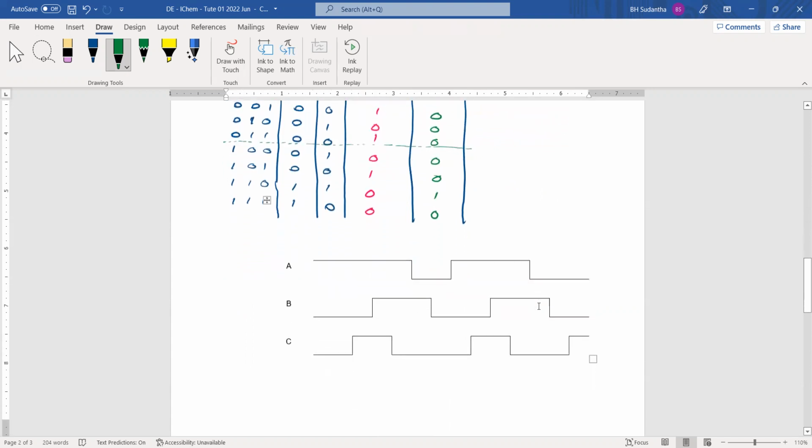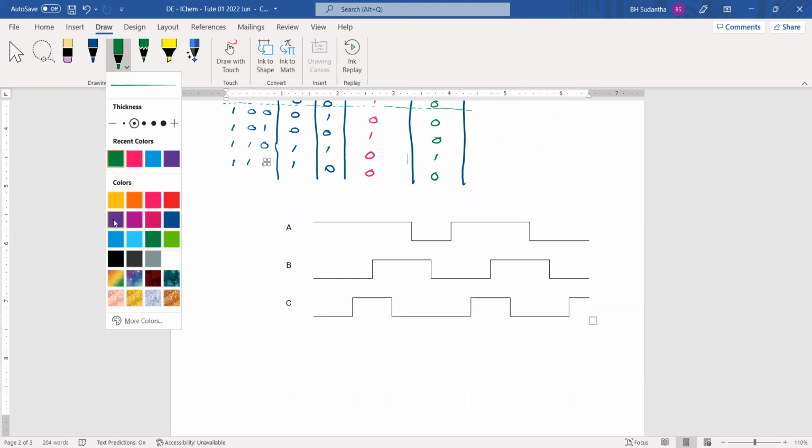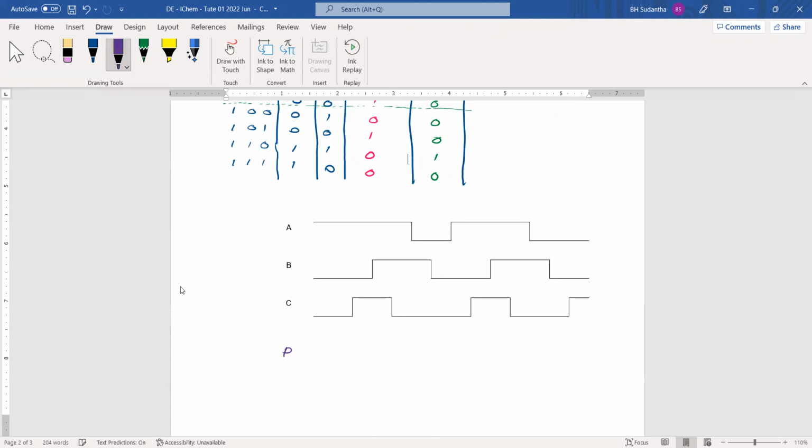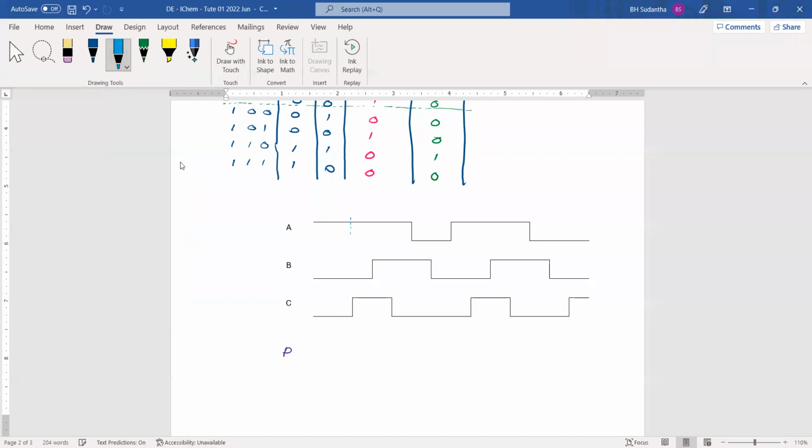Okay, now we can draw these timing diagrams. For P, and here we can draw lines to separate these regions. Here we have one.